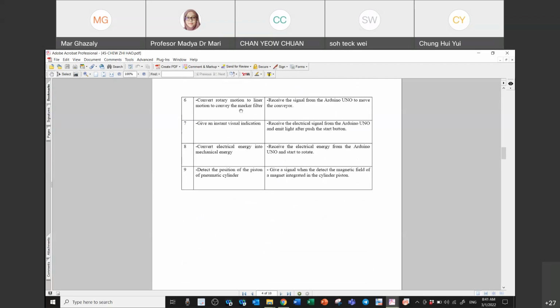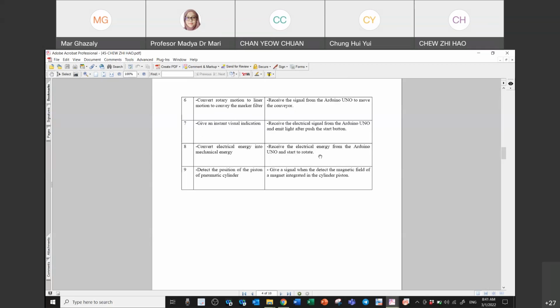Convert rotary motion to linear motion, the electrical actuator for the conveyor. Okay, so I think yes, you need to move the conveyor, to convey the marker filter. Okay, give an instant visual indication. This one will be on data presentation.